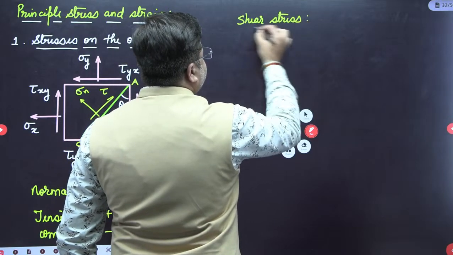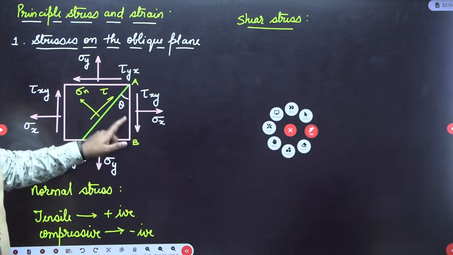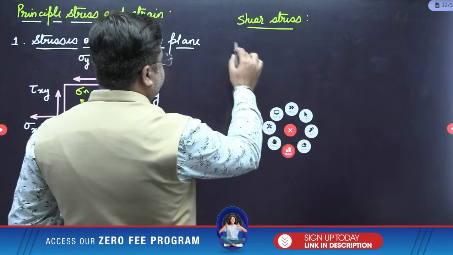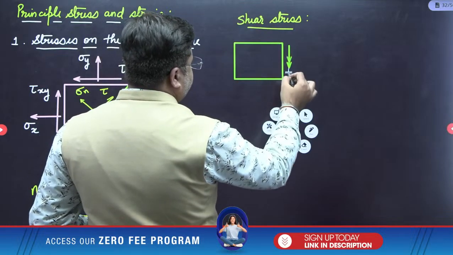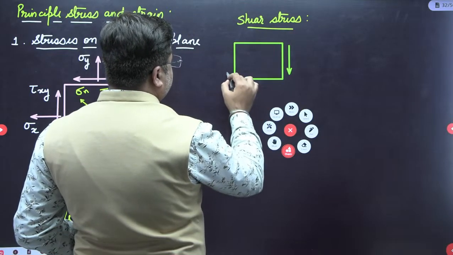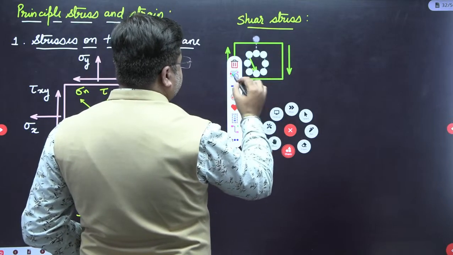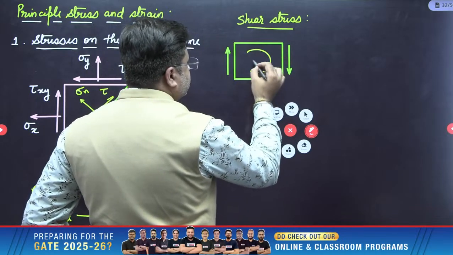For deciding the direction of the shear stress, you need to observe this reference plane. Over the reference plane, if the shear stress gives the clockwise sense of rotation like this, then this shear stress will be taken as positive.